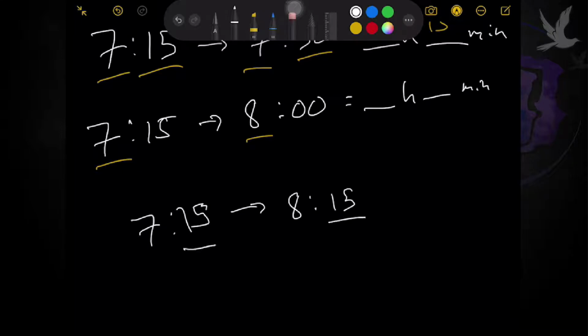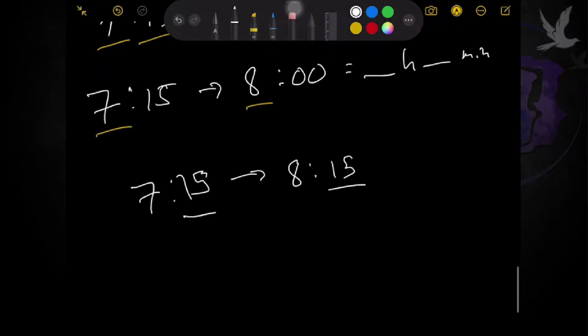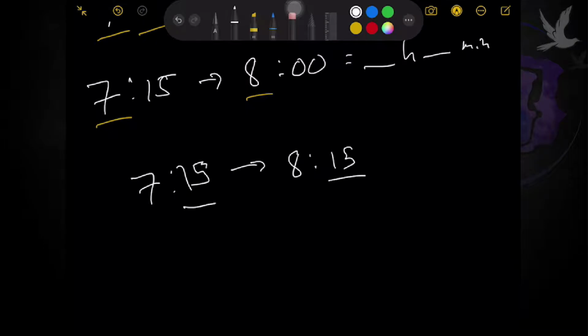The minutes should also be the same. Okay? So, ganun dapat ang pag-determine whether an hour or a time has reached an hour. Okay? So, you can basically make a timeline, no? If solving this kind of exercises to determine whether umabot na ba ng isang oras or hindi pa.